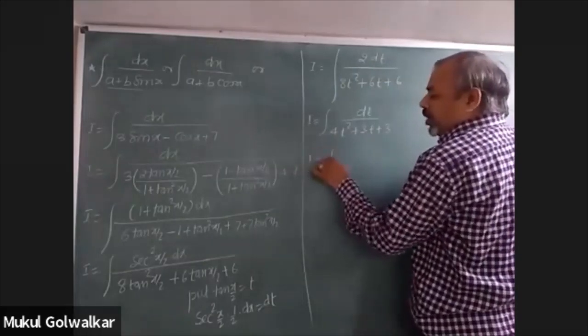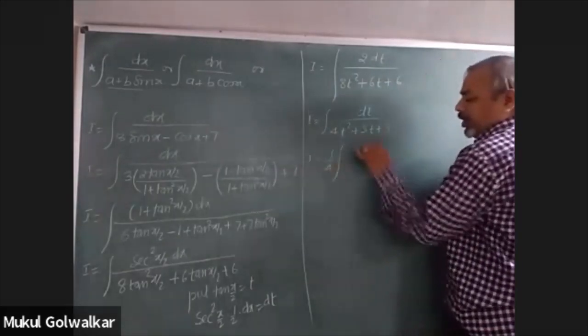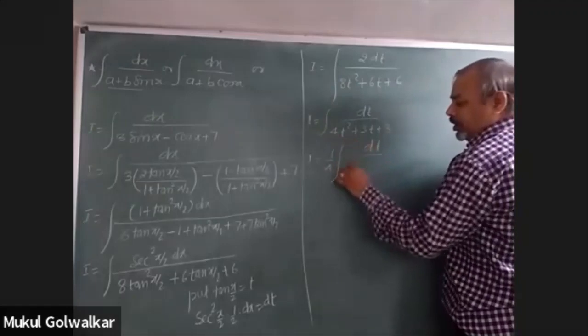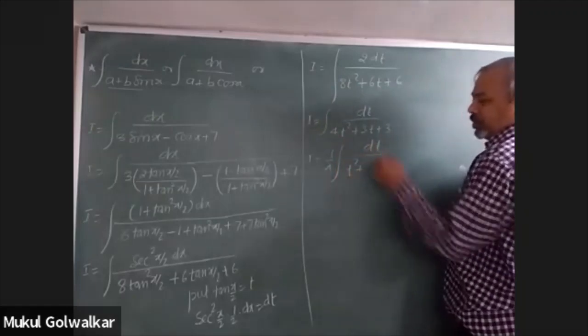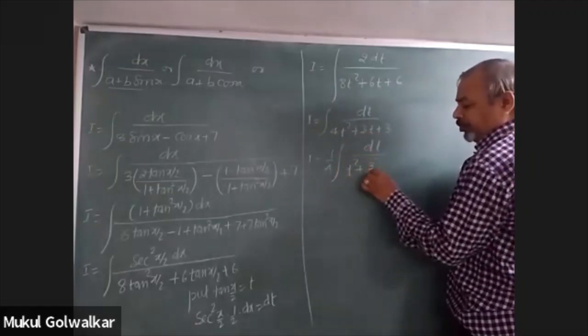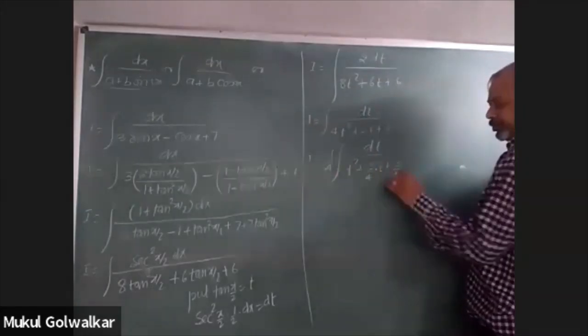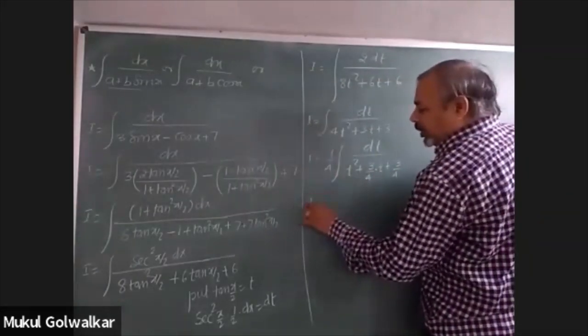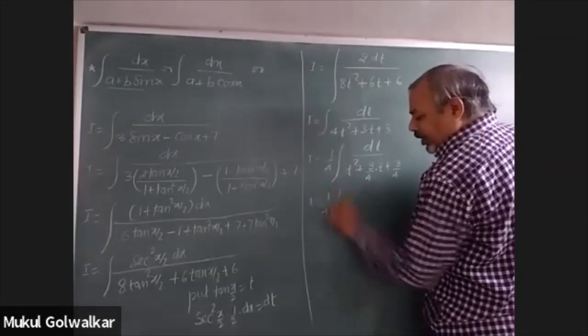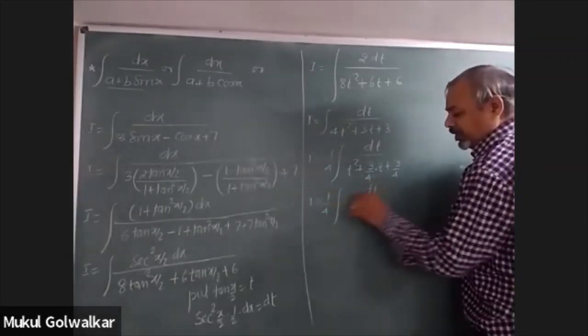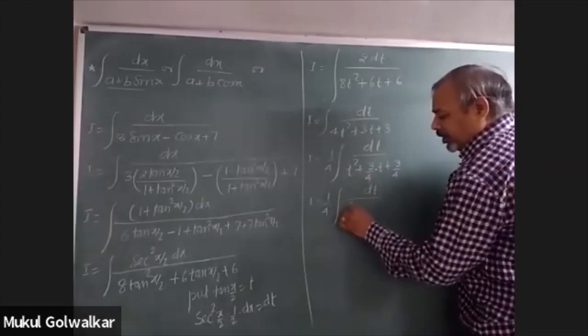And this is 1 by 4 outside, and dt divided by t square plus 3 by 4 into t plus 3 by 4. And to make the quadratic a perfect square, we are writing that in the form of dt upon t square.